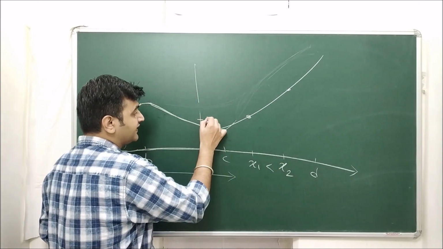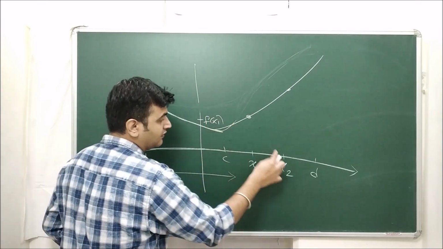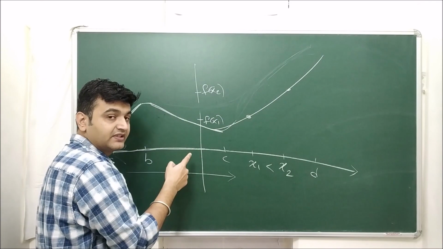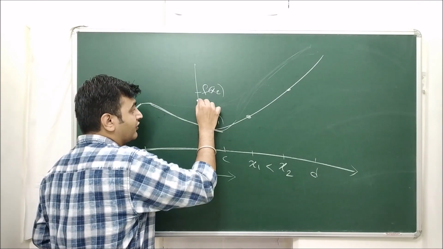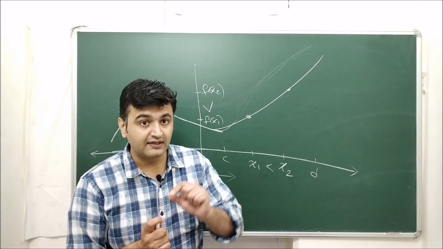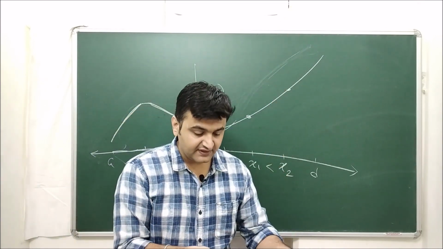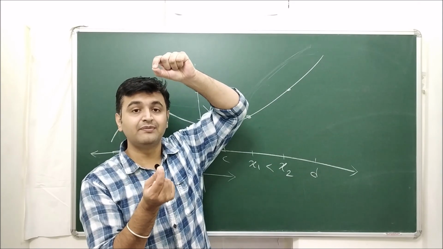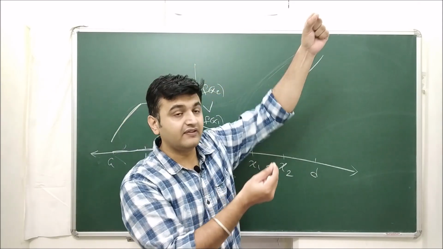That means if this is my image of x1 and this is my image of x2, what can you say about the relation between the images? Your f of x1 is less than f of x2, right? So your graph is increasing. If x1 is less than x2, their images should also follow the same inequality, then only the graph will increase.